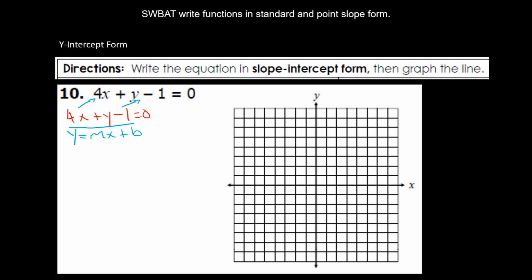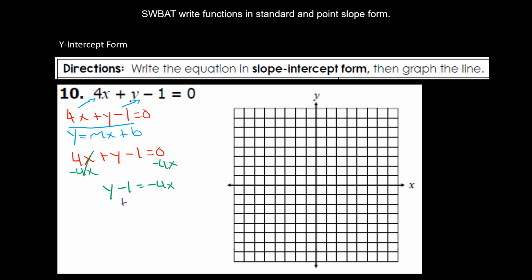If I say 4x plus y minus 1 equals 0, if I want to move this 4x, well, I'm going to want to subtract 4x from both sides. These simplify out. We have y minus 1 equals -4x. So then we are going to want to be moving this -1 over.